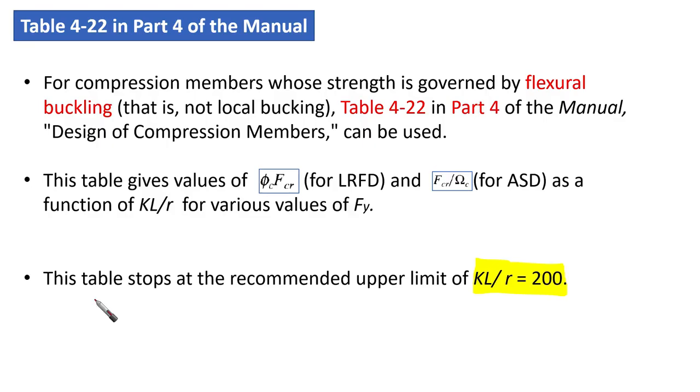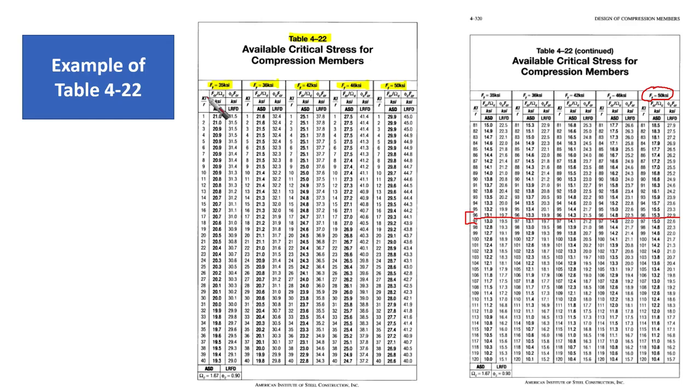The last thing that we want to highlight regarding this table is that it is related to KL/r for various values of F_y. This means that if you look at the leftmost column here, you are going to find KL/r, the slenderness ratio, which starts from 1 and goes until, here, 120, but supposedly at the end it should reach 200.